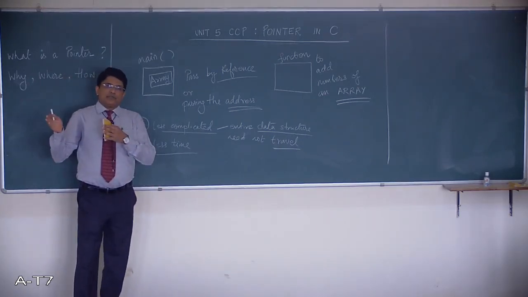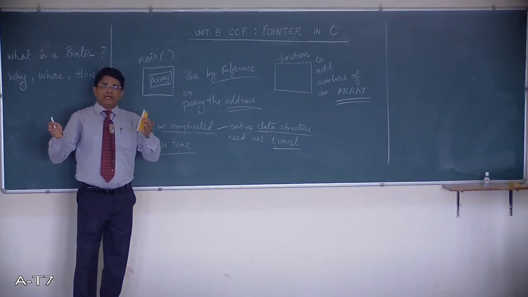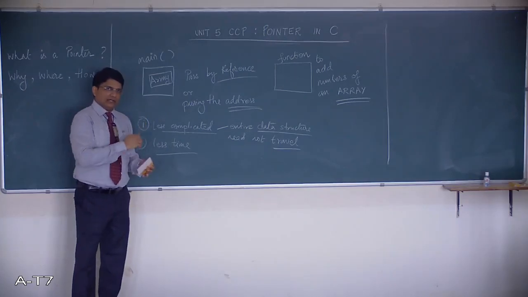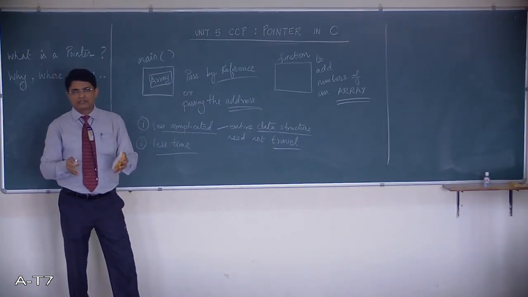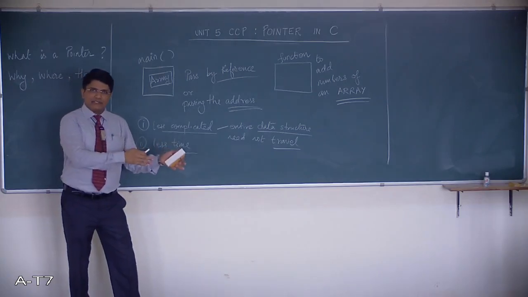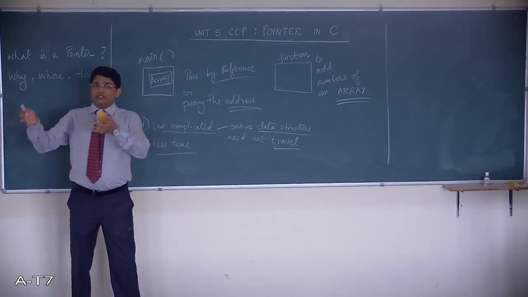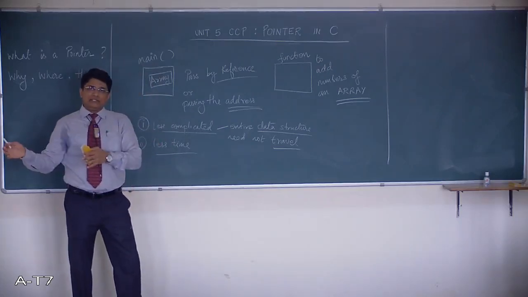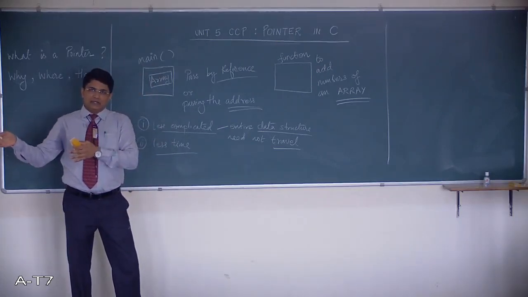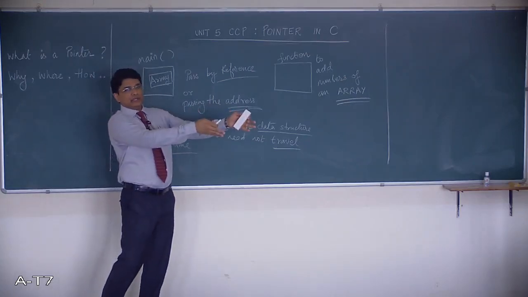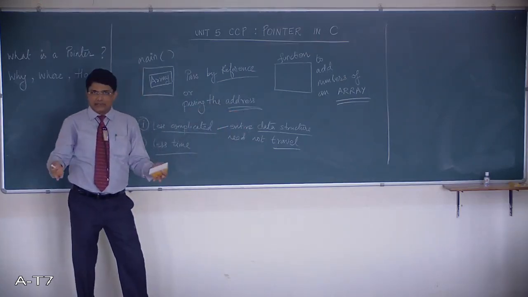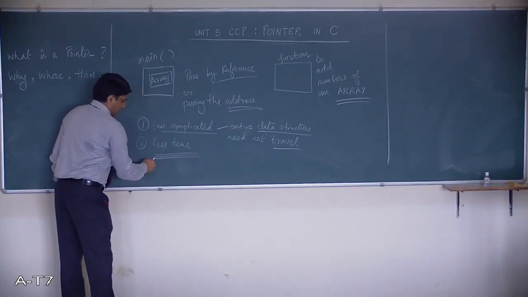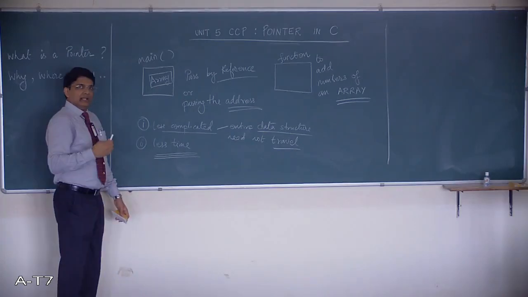If you're going to pass the array itself, then the support function or the user-defined function has to make arrangements in the memory somewhere else to copy all these elements into that new memory area. That copying is going to eat up a lot of time. So that is the big and major advantage.